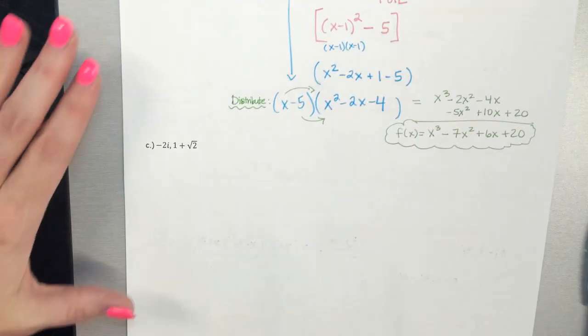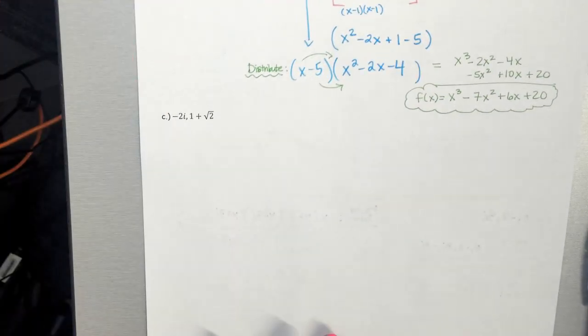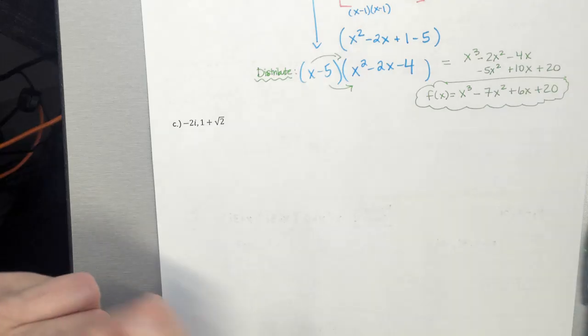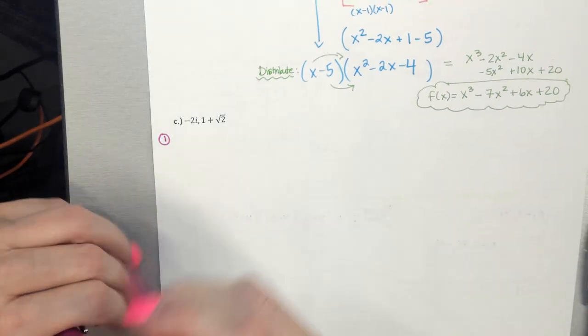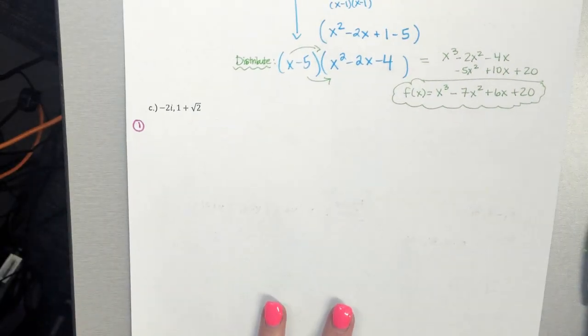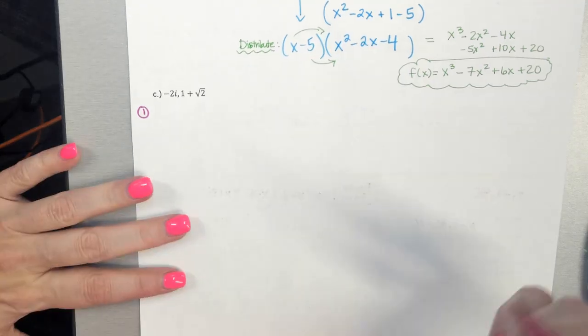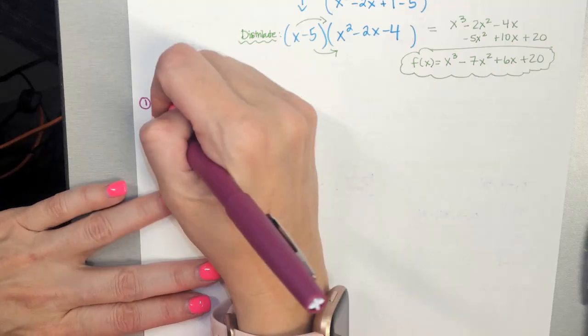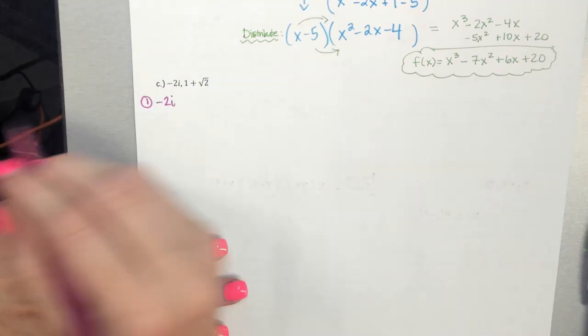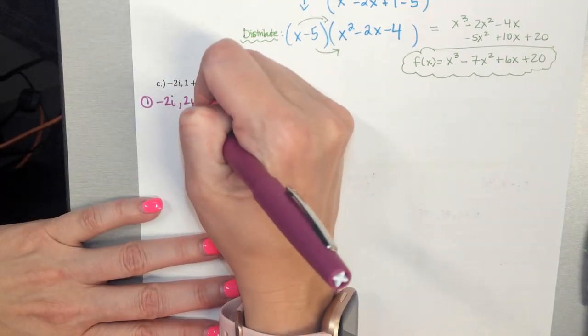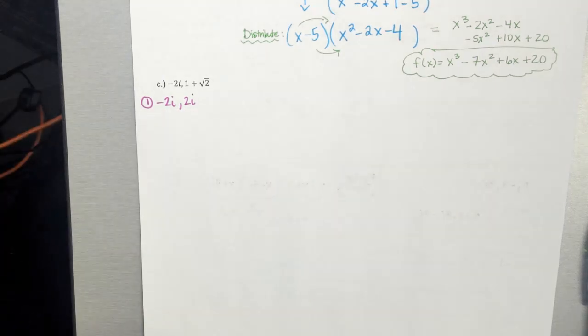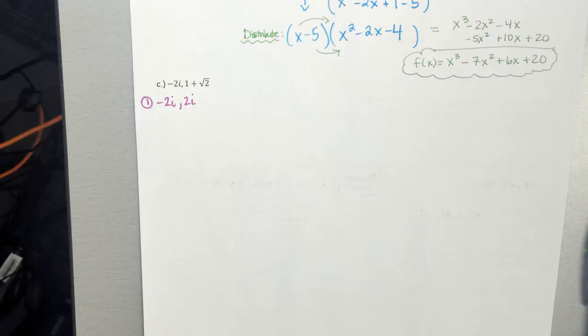All right, so I want you guys to try the first few steps here. Okay, so step 1, write out your zeros. Okay, so if you have negative 2i, that has to have a partner. The only ones that don't need a partner are just your rational numbers. 5, 0, negative 2.